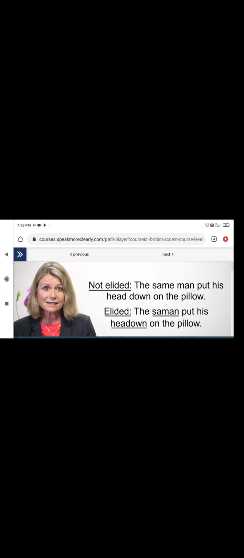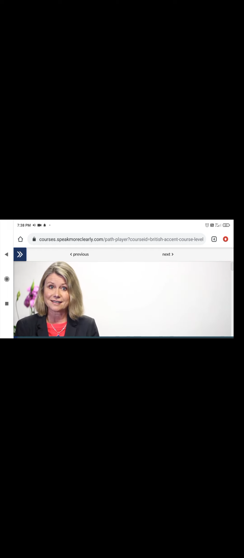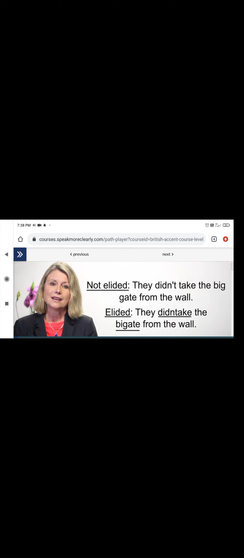And another sentence. We don't say they didn't take the big gate from the wall. We say they didn't take the big gate from the wall. And again, they didn't take the big gate from the wall.